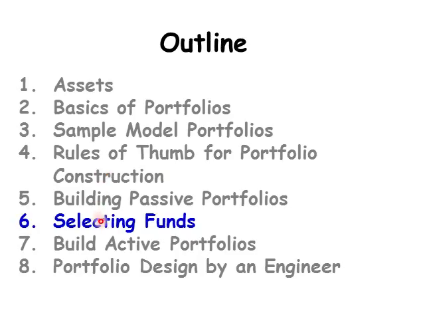We can go through the basics of construction, rules of construction. We can build a passive portfolio, that's straightforward. We can look through sample model portfolios, which also takes some time to look through all of them or find the one you might like. Then basics of portfolios, etc. Now we will do selecting funds. Let's hold on here.